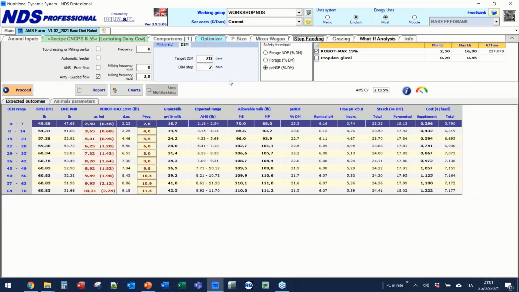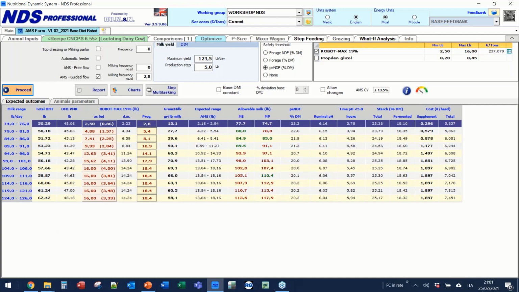Yeah. So can we go back to milk yield up there instead of days in milk? And then, just for our example, and I know you're not a fan of this, can we hold the base constant and then deviate up 5%?